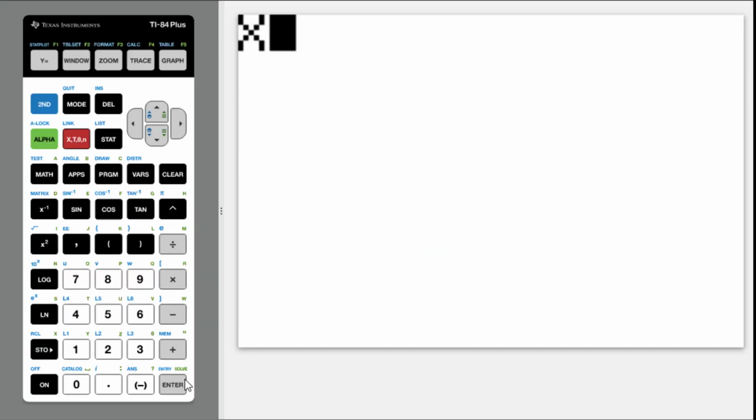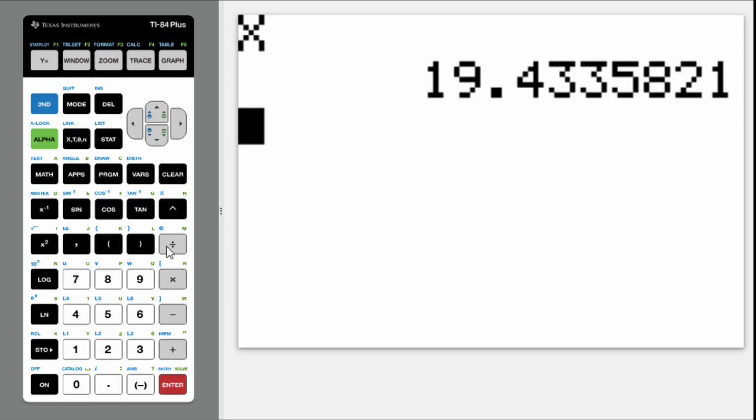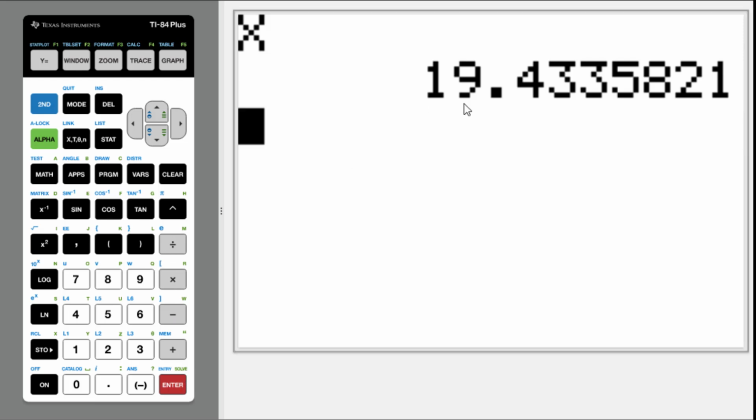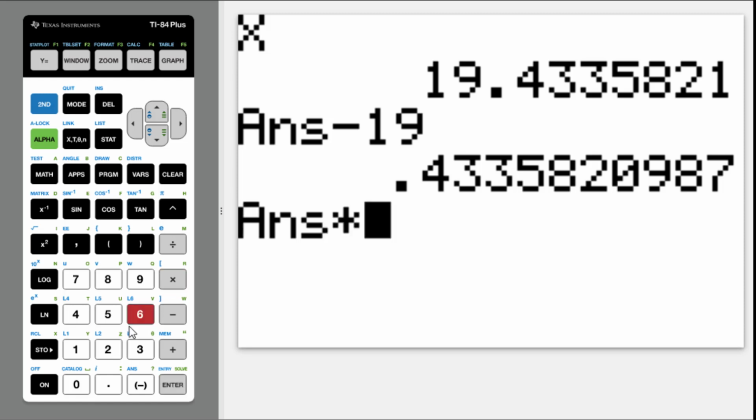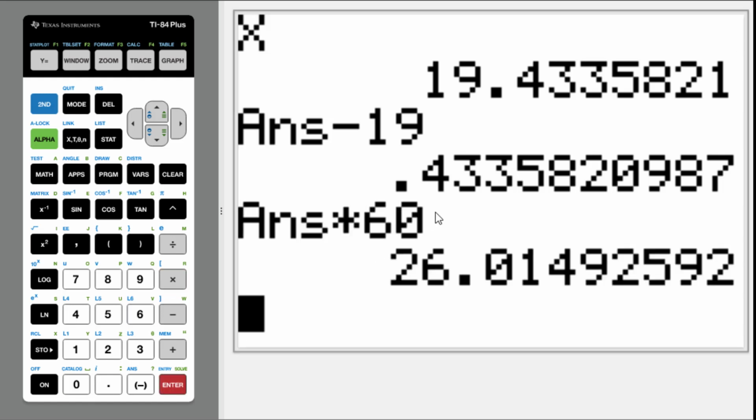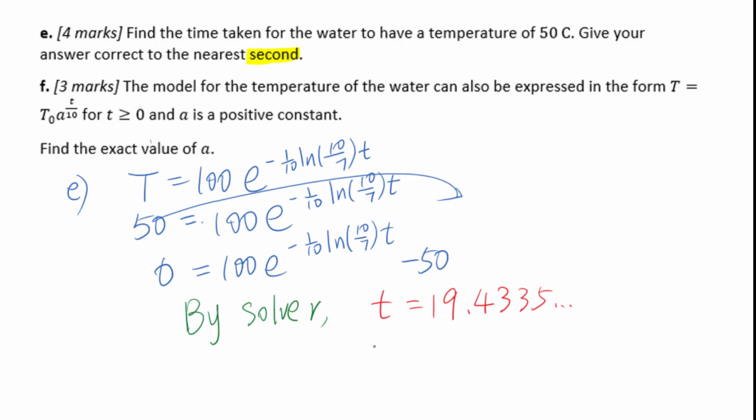So we pull this x out, then subtract 19, times 60. This is seconds. So we have 19 minutes 26 seconds, and then the temperature will drop to 50 degrees.